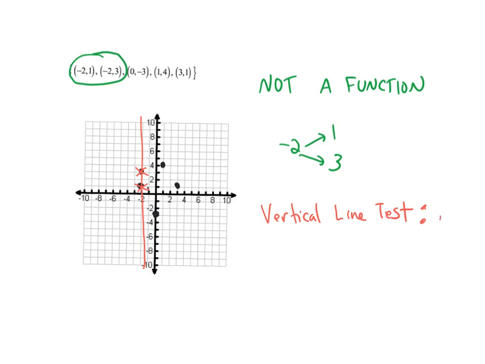So the vertical line test will say any vertical line will hit a graph or intersect a graph at most once. So in this case, this one is not a function. So if you ever have points, you can certainly graph it. If you had a full graph, you can certainly use the vertical line test to determine whether it was a function.